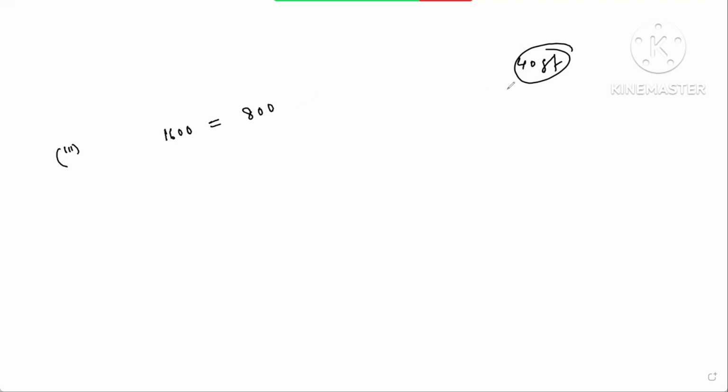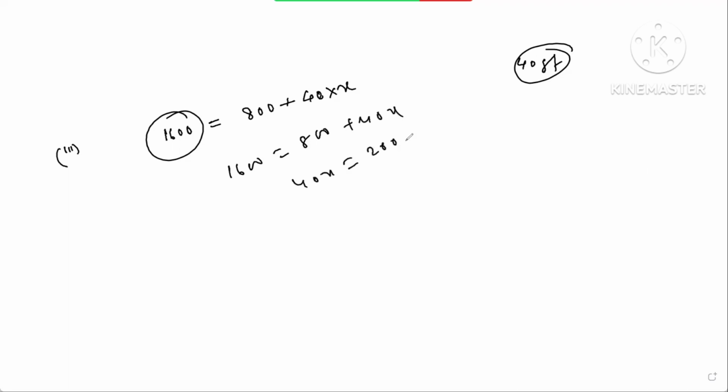But we have to find the distance where the 40 gram force should be placed. So 1600 equals 800 plus 40x. So 40x equals 800.